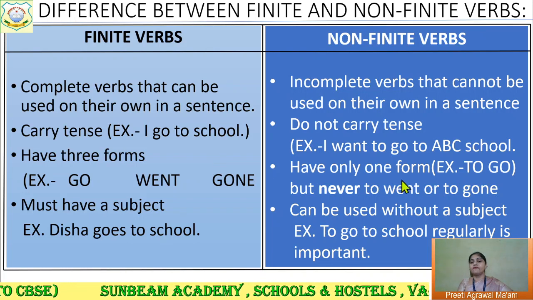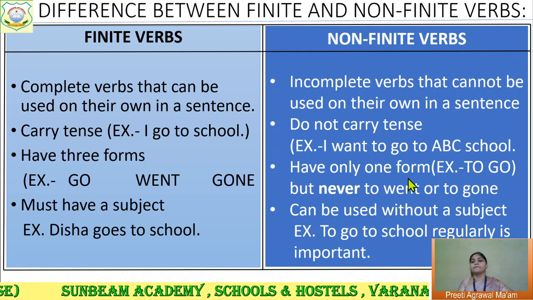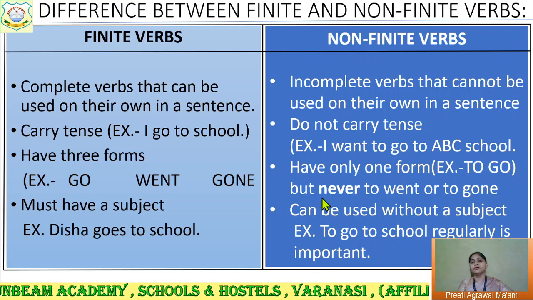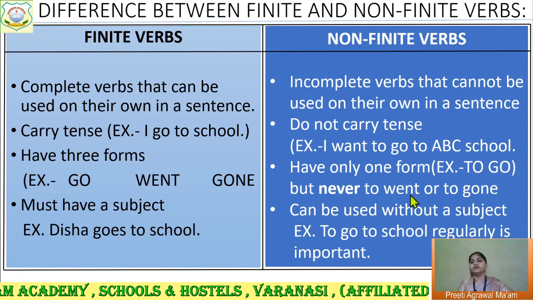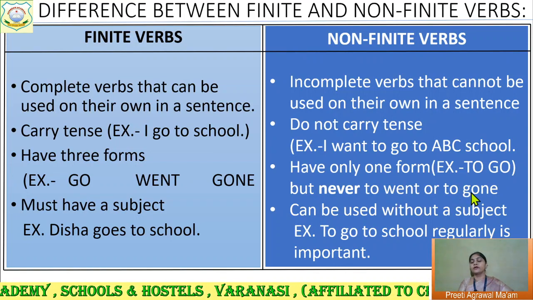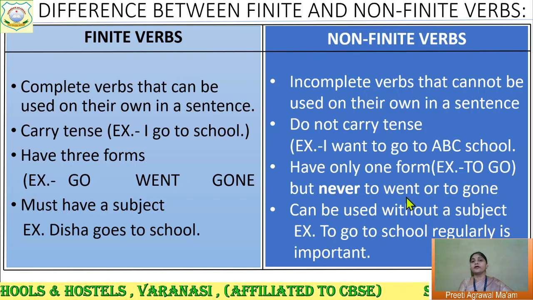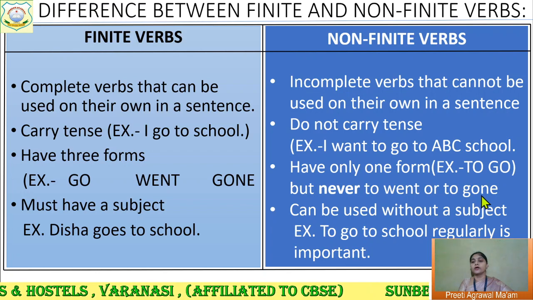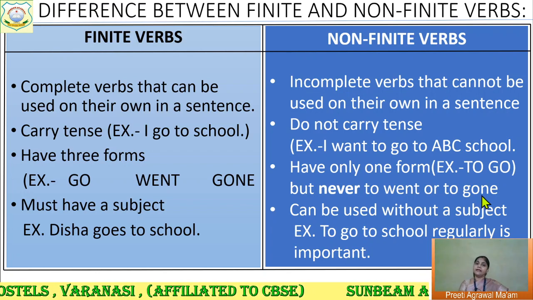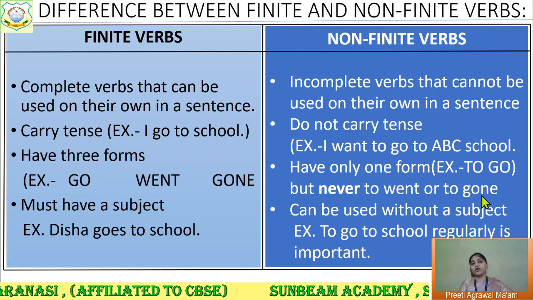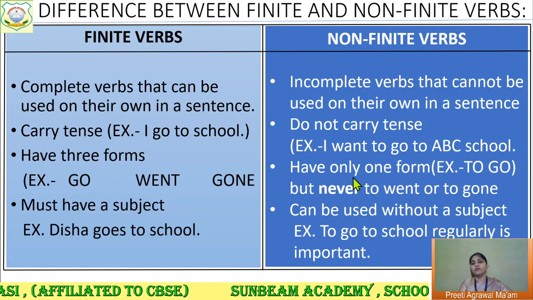Non-finite verb has only one form. For example, to go. You cannot write to went. You cannot write to gone. This will be incorrect. So, finite verbs have three forms and non-finite have only one form.